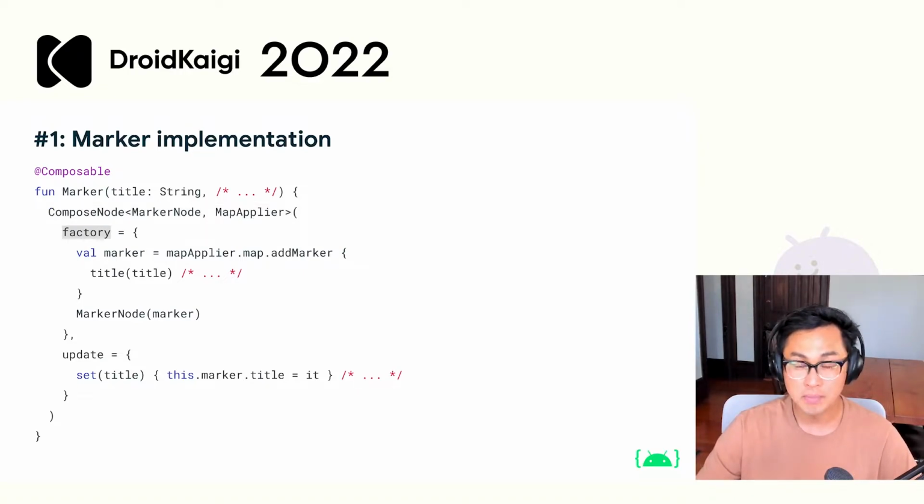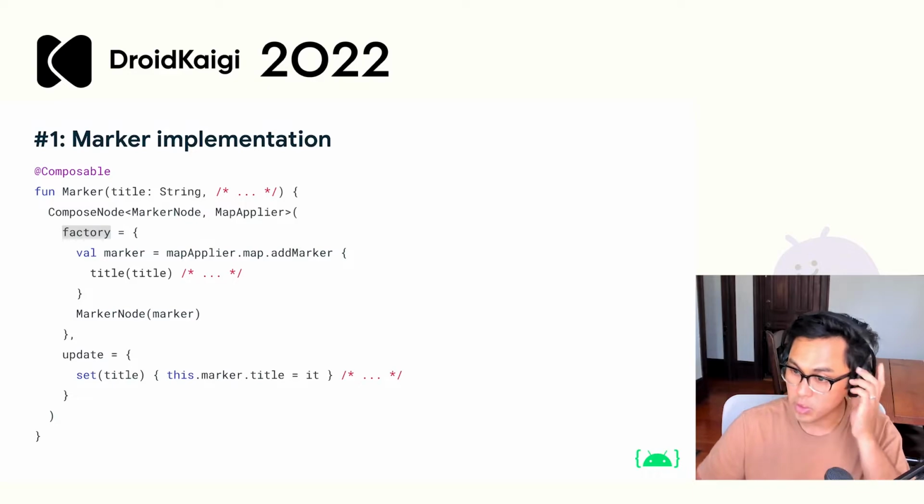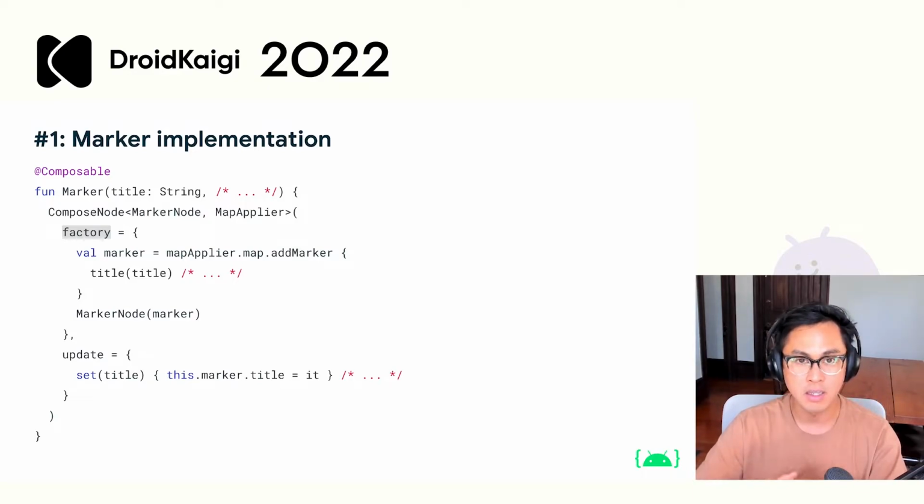A Compose node accepts a factory lambda, which will be invoked when the Compose node comes into composition. So when the marker composable function comes into composition, we want to add the marker to the map. This is where we make the call to the Maps SDK Google Map object to add the marker on the map. And then the marker node is the containing class. It's a type of node, in this case a marker node that holds the marker instance.